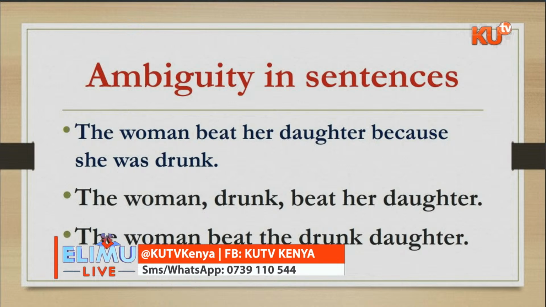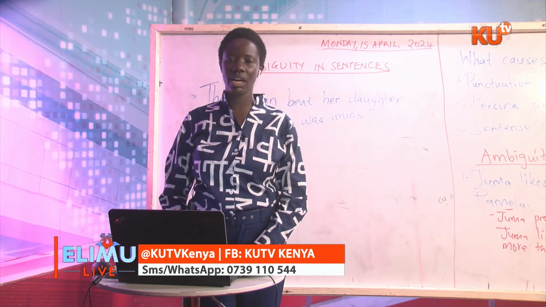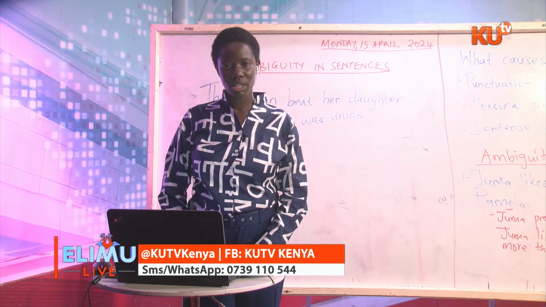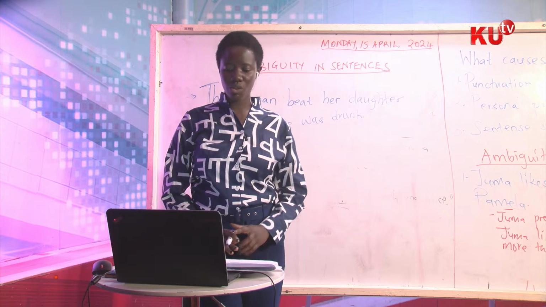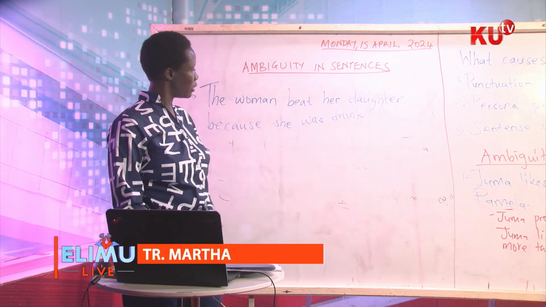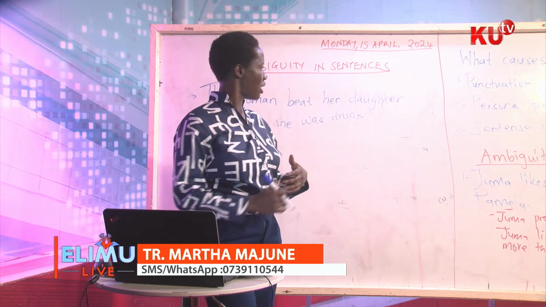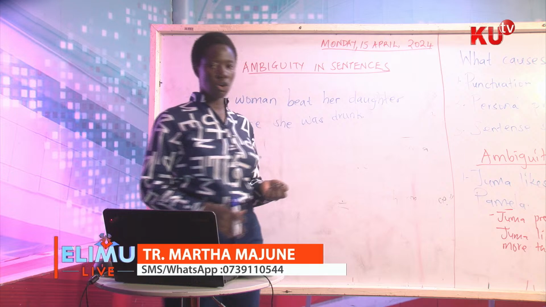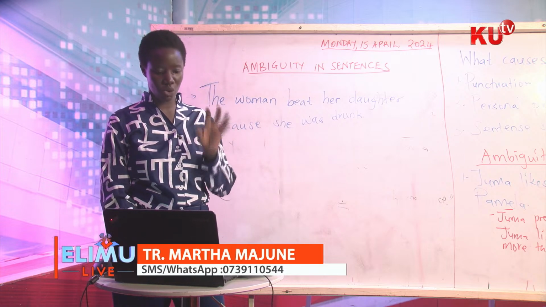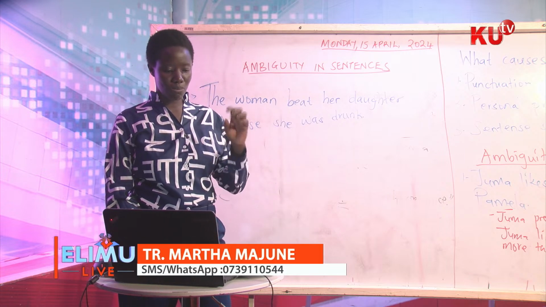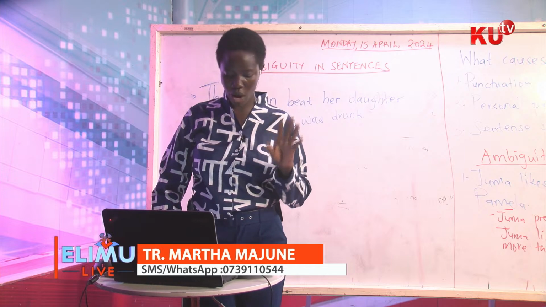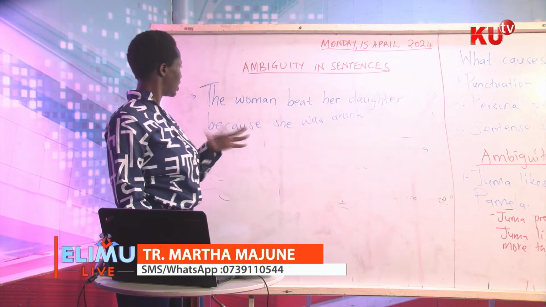But if you get another examiner, that examiner will ask you to explain ambiguity in a given sentence. Again, you must know the meaning of the term ambiguity for you to get these marks. Normally, the question can be 1 mark or 2 marks, so you must make sure that you box the 1 mark or the 2 marks.